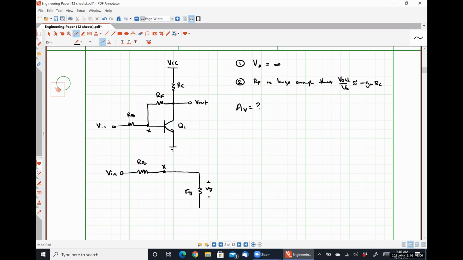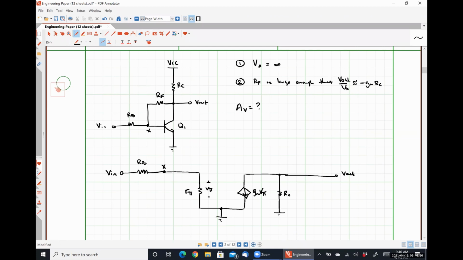Here's V pi. Here's my ground. Here's gm V pi. Here is resistor RC. And out here, I'll put V out.